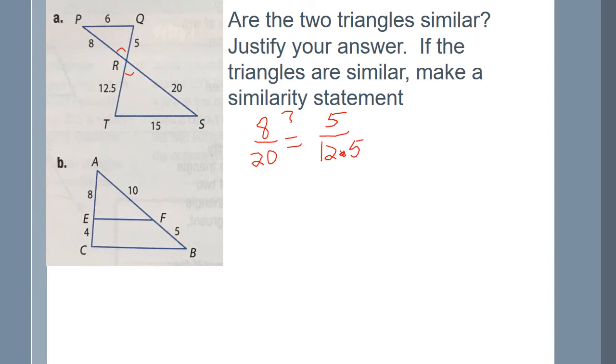Well, one way we can check this out is just to cross multiply. If we cross multiply, and if the two ratios are equal, then we have a proportion. So 5 times 20 is 100, and 8 times 12.5 is 100, so 100 equals 100. So we are in proportion here.